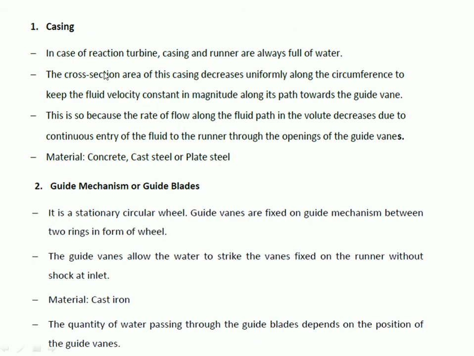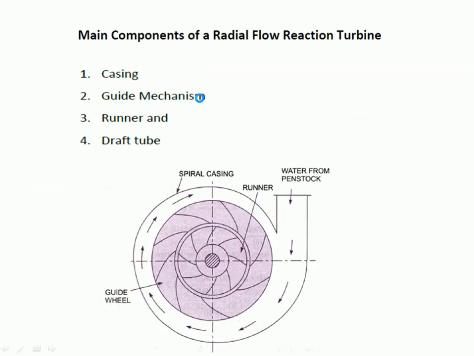Casing. In case of a reaction turbine, casing and runner are always full of water. The cross section area of this casing decreases uniformly along the circumference to keep the fluid velocity constant in magnitude along its path towards the guide vane. You can see in this diagram the shape of the casing is a spiral type.